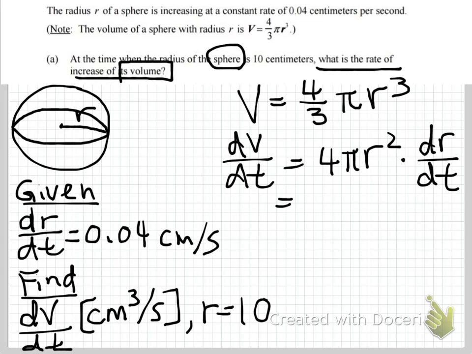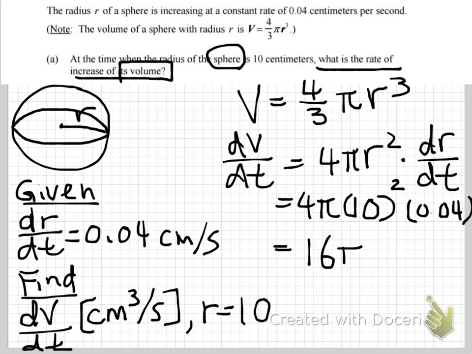Now remember, this is a non-calculator question, so I'm doing it without a calculator as well. I know you're very impressed. R is 10, and dr over dt, of course, is 0.04. So 10 squared is 100. 100 times 0.04 is 4. 4 times 4 is 16. So I've got 16 pi cubic centimeters per second.